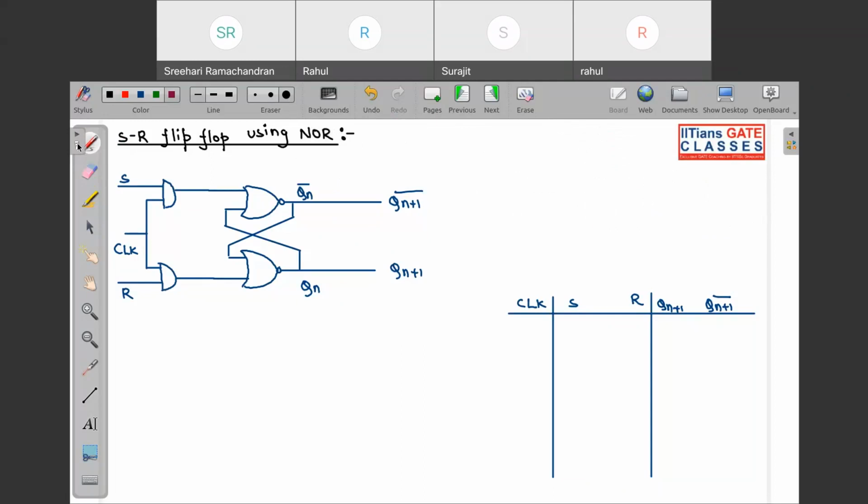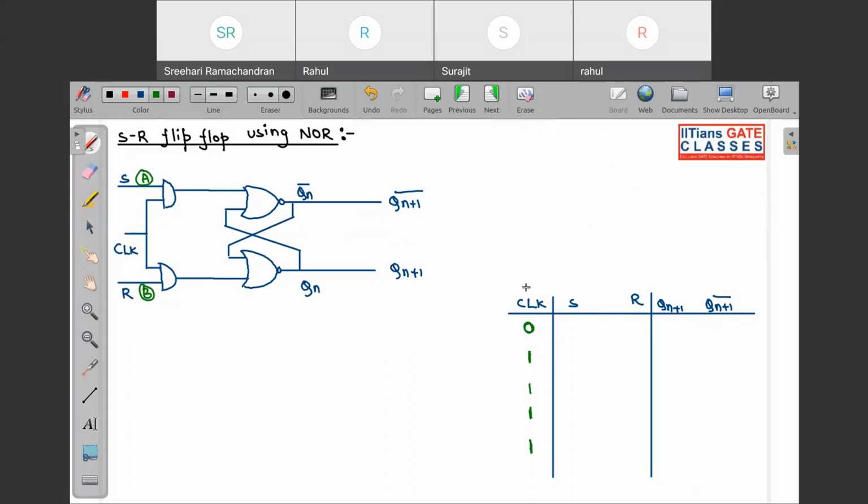Now look very carefully at how we implement SR flip-flop using NOR. Once again, you can consider this input as A and this input as B. The clock can be either 0 or 1.